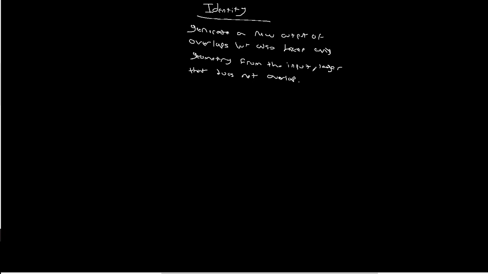And then again, attributes from both layers are copied over. So it generates a new output focusing on overlaps just like intersect did, but you're also keeping the geometry from the first input layer that does not overlap, and you're pulling over attributes from both.